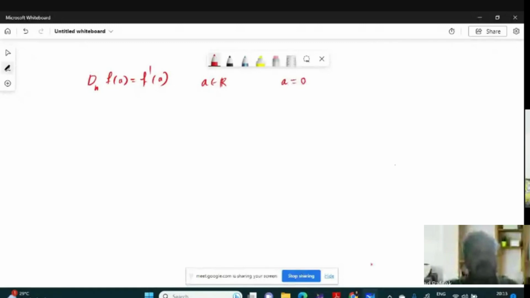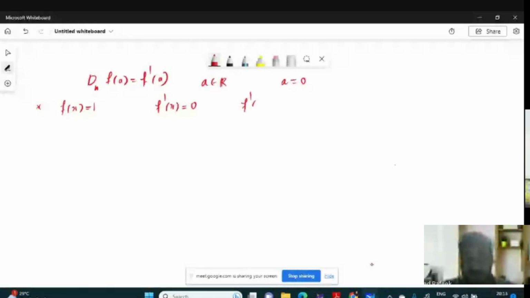Now, for polynomials of degree less than or equal to 2, first I am going to take f(x) equal to 1, a constant polynomial. So f'(x) is equal to 0, so f'(a) is 0 only.